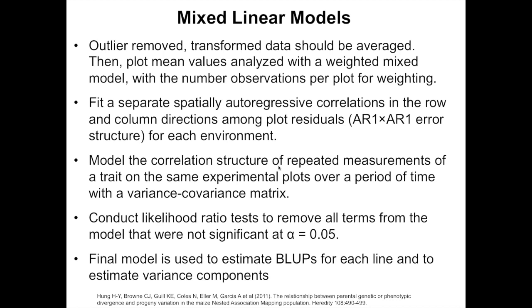So it's important to account for that in the mixed model. And after all these terms are included, you can do a likelihood ratio test to remove terms from the model that should not be in the model at an alpha of 0.05. And then the final model is used to estimate BLUPs for each line and to estimate variance components.